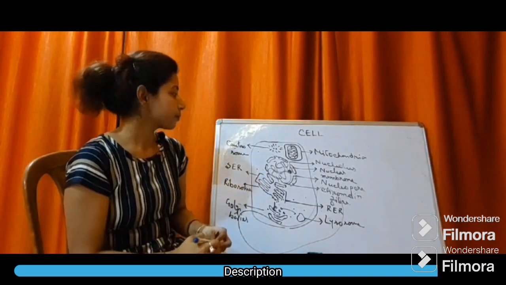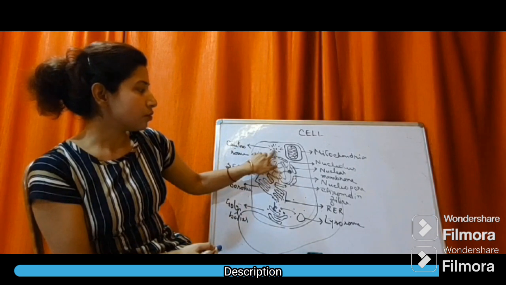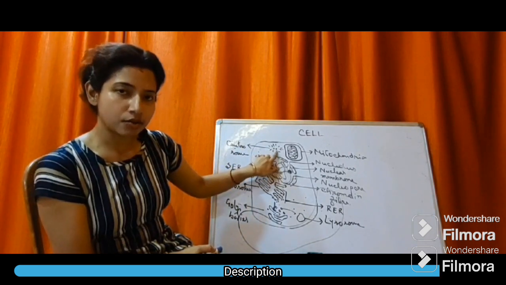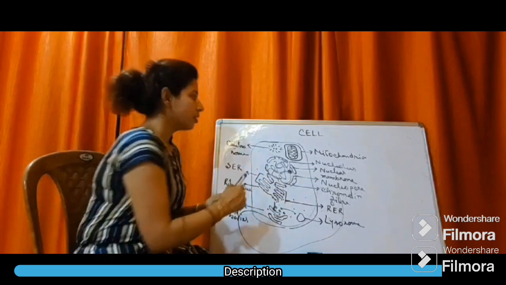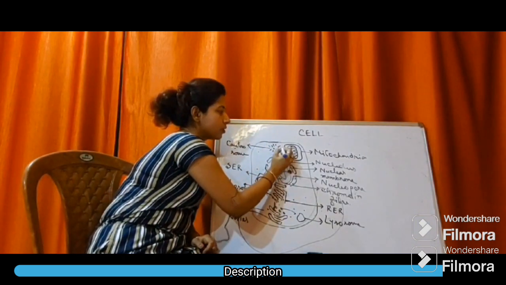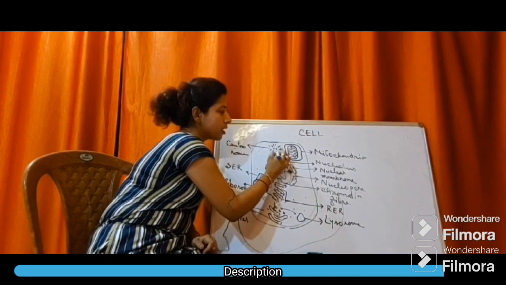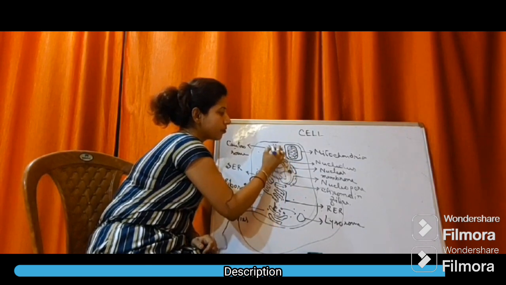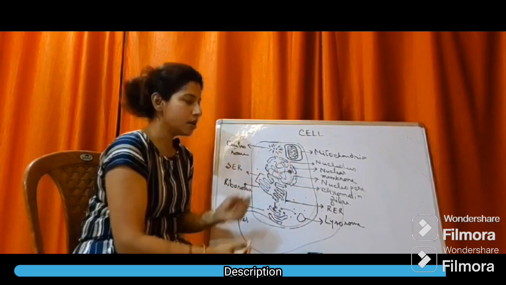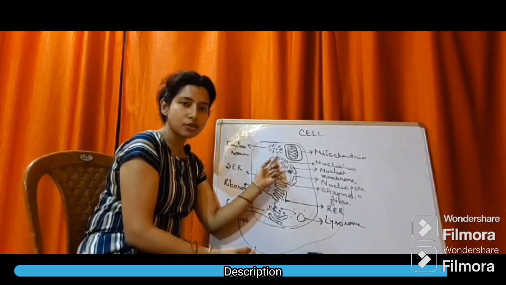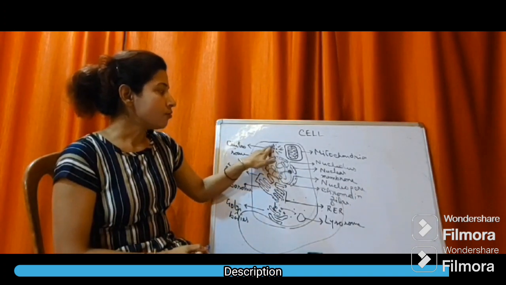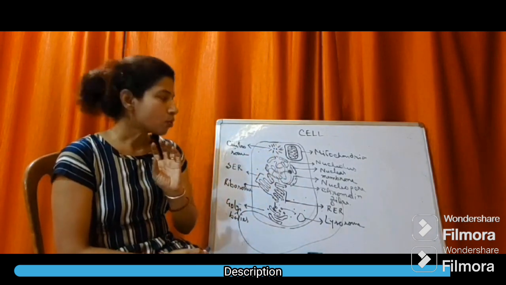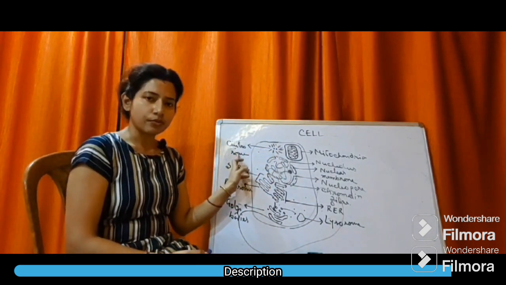You can see at the center there are 2 points. These are called centrioles, and surrounding the centrioles there are several tubule-like structures radiating from a common center. These are called asters, aster rays. So the centrioles along with asters, the total structure, is called centrosome.